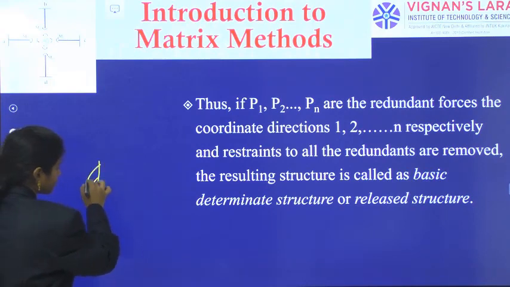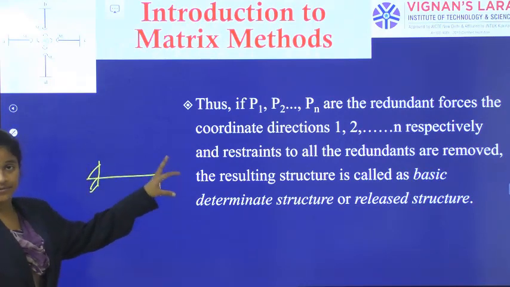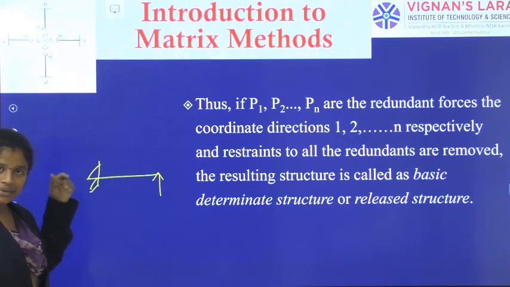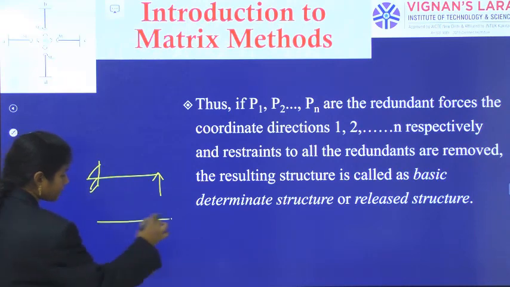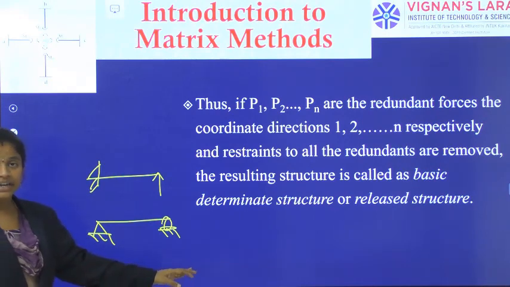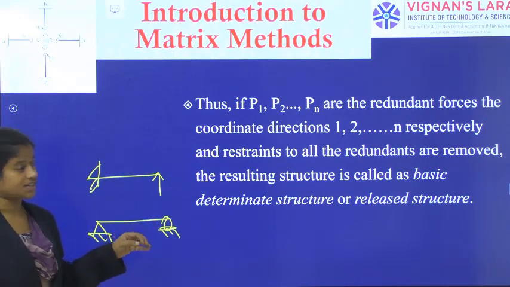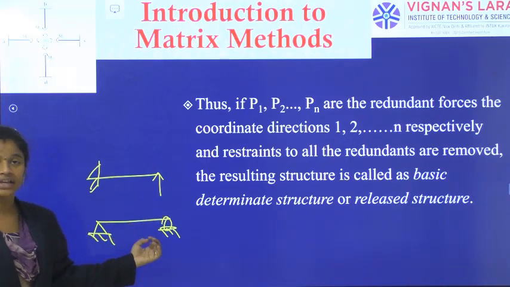For an indeterminate structure, at which locations I am feeling the redundancy, that I am releasing. So what is it becoming? It is becoming a simply determinate structure, a basic determinate structure or the released structure.